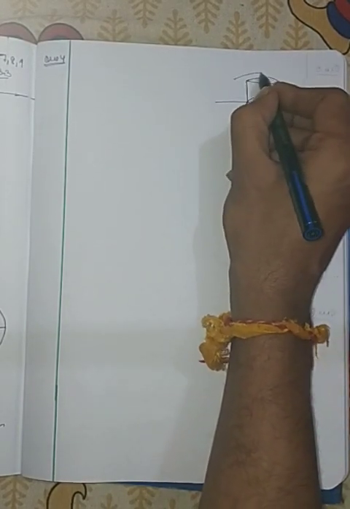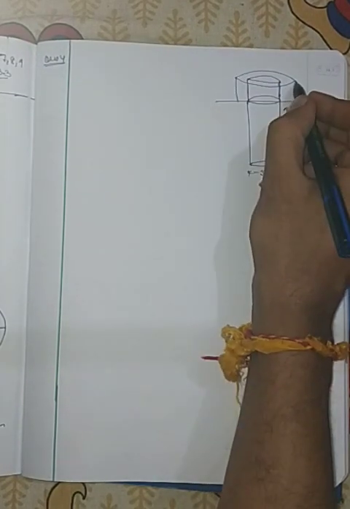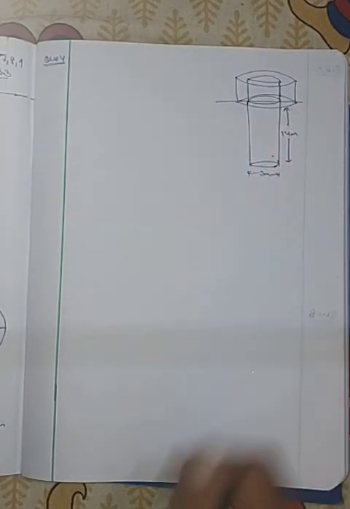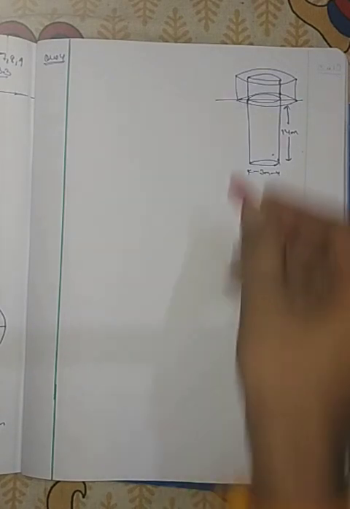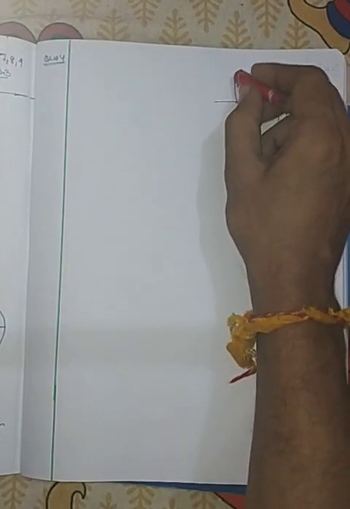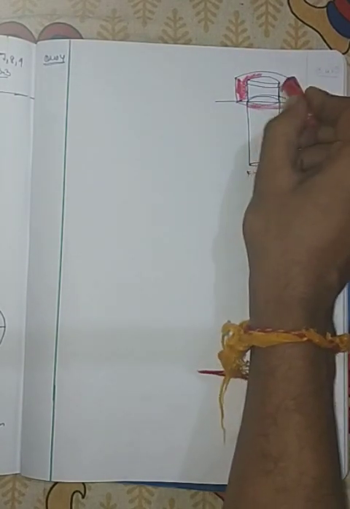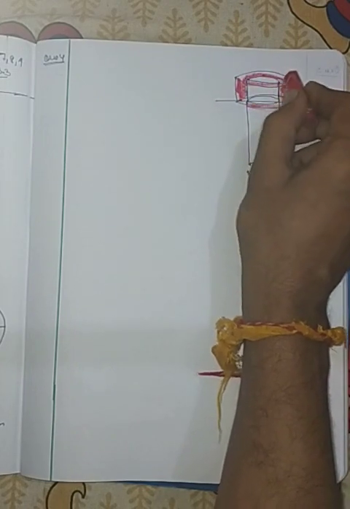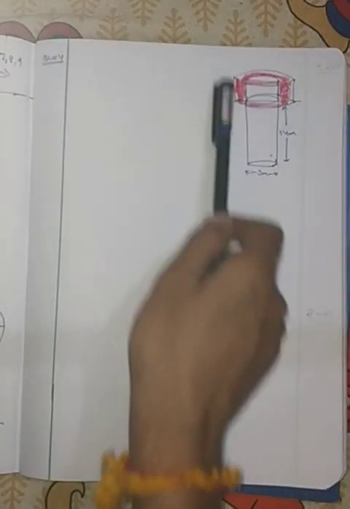It is spread like this. The earth taken out is spread around the well. I am shading that portion. It is spread evenly on this portion. Whatever the volume of earth taken out, it is spread evenly on this.